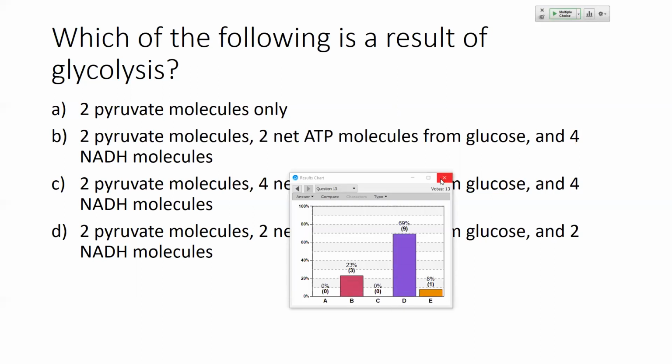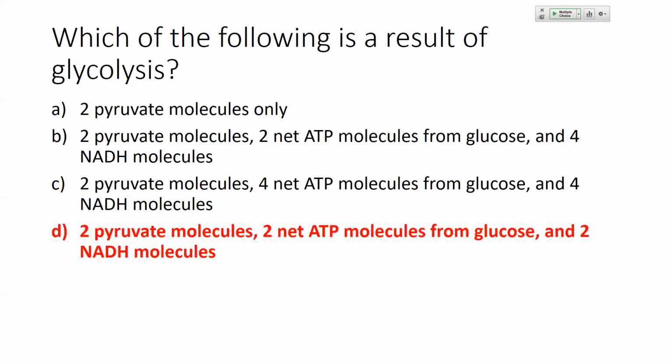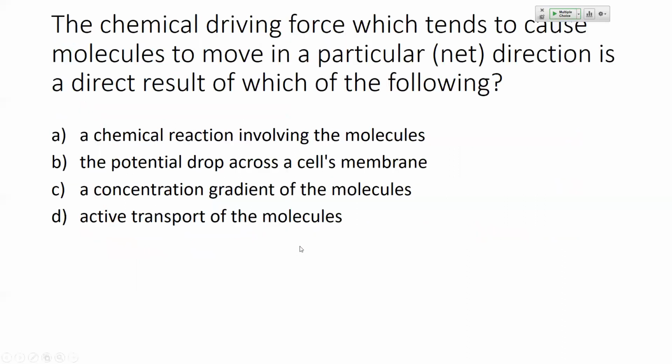Majority said D, and someone said E, but D is correct, right? So 2 pyruvate, 2 ATP, and 2 NADH. Now, bear in mind, if this word net was not here, this would be incorrect, right? This net, because it's actually 4 ATP. So look out, make sure that net is there, and that you're clicking the correct amount.